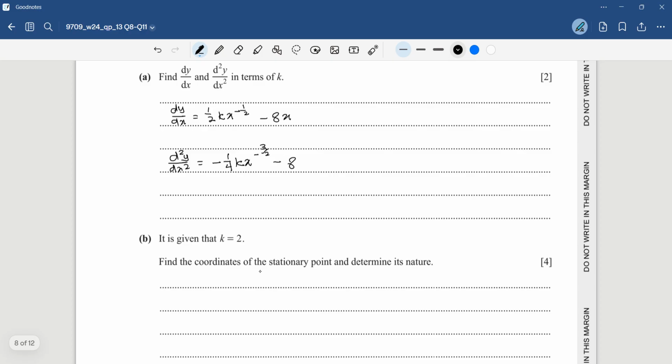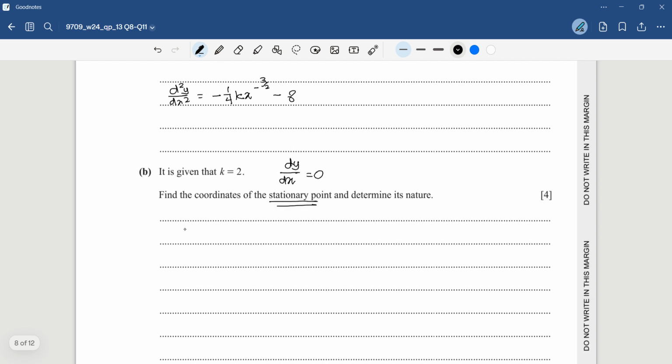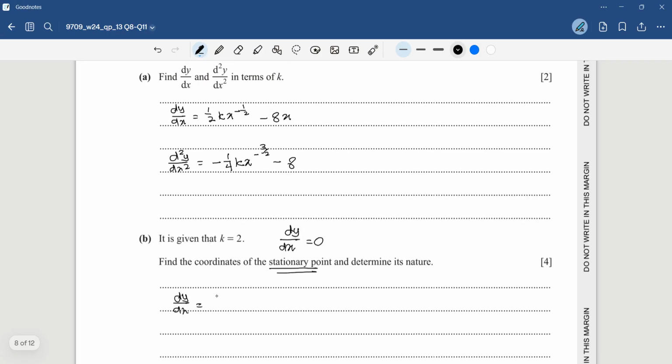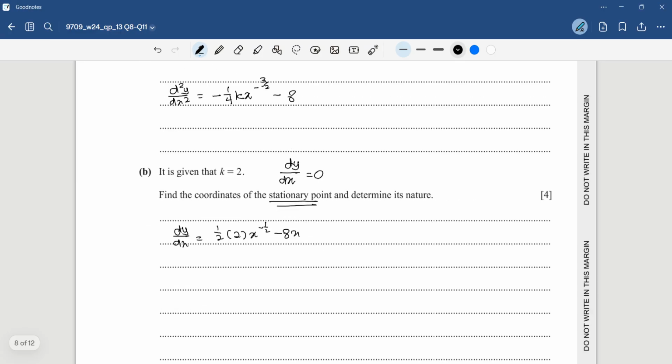Now it is given that k equal to 2. Find the coordinate of the stationary point and determine the nature. When they want to find the stationary point, we must know that my dy over dx is equivalent to 0. Therefore, 1 over 2 k x to the negative 1 over 2 minus 8x.